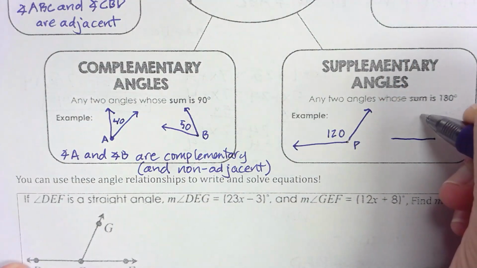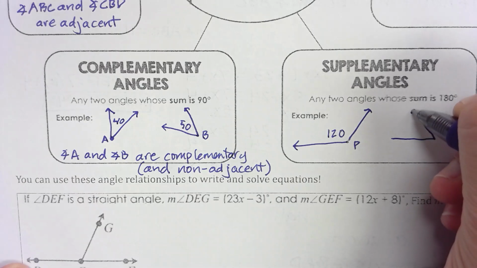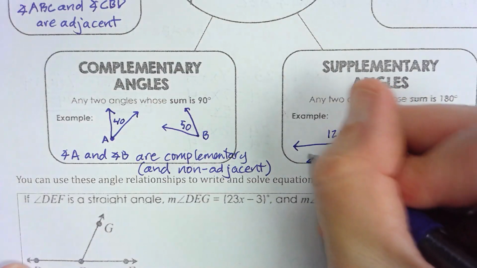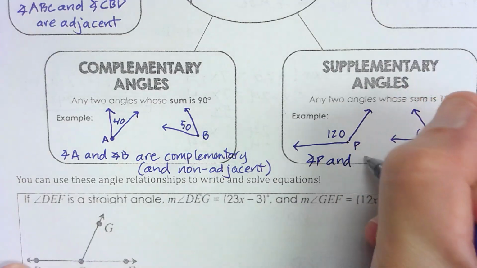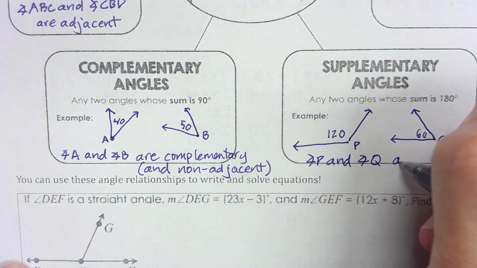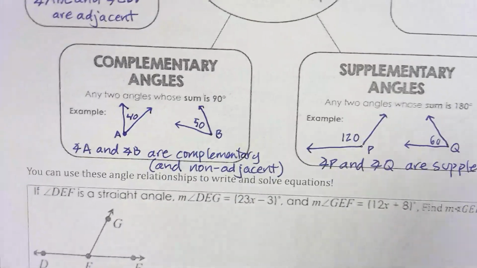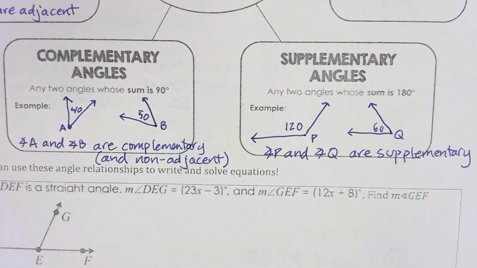And over here, I'll draw angle Q, and I'll make that one 60. So these, angle P and angle Q, are supplementary, and they're also non-adjacent in this picture. Supplementary just means that they add up to 180.